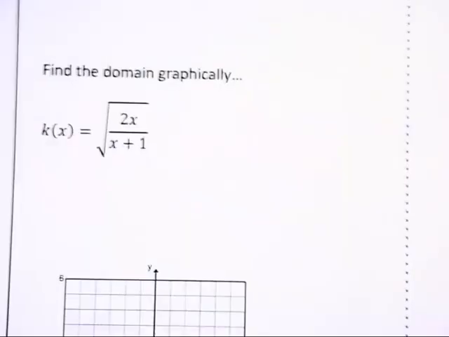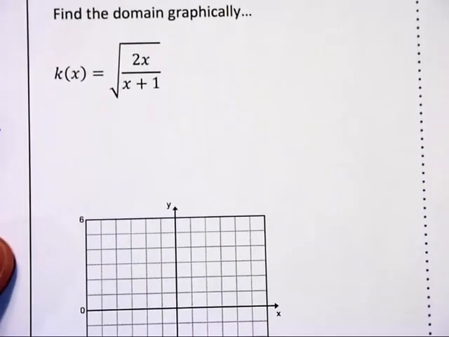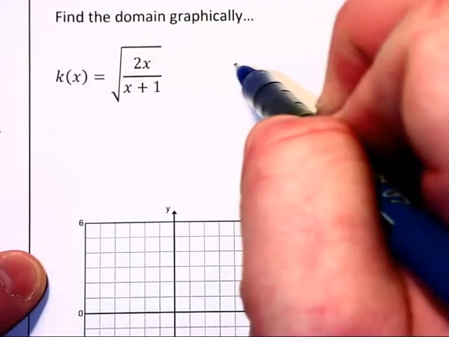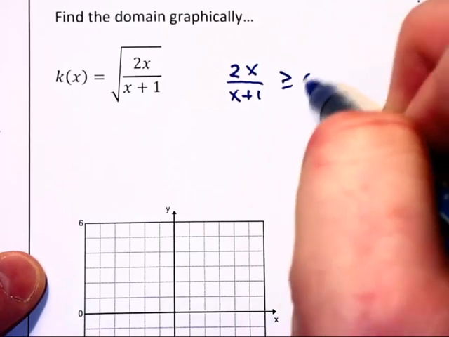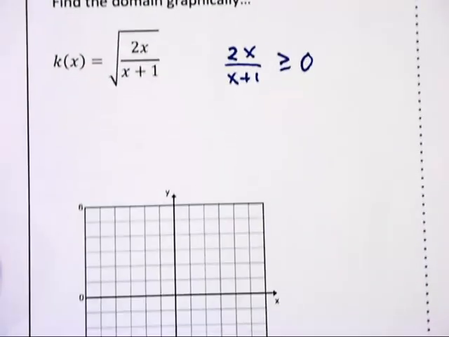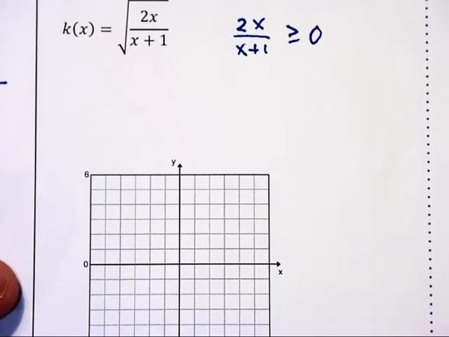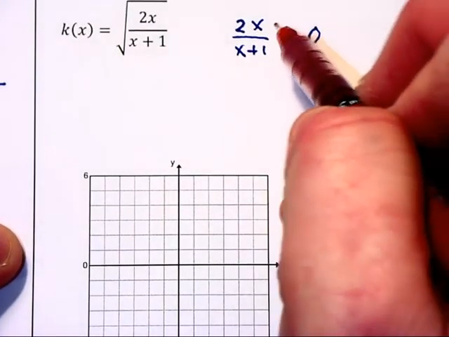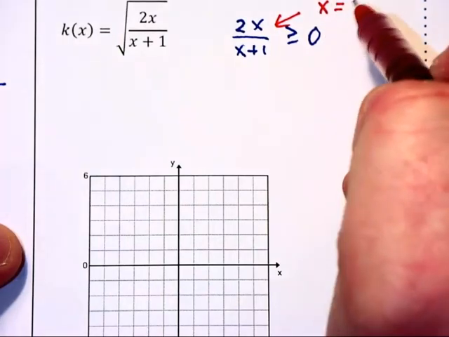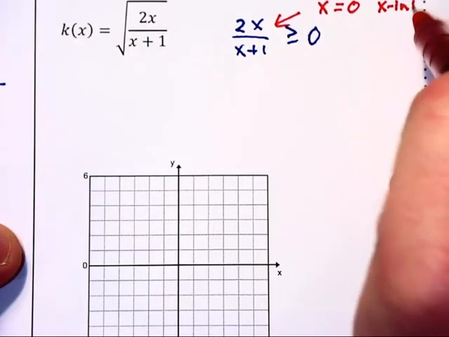We're going to still look at this, but we're going to try graphing. We're interested in where 2x over x plus 1 is greater than or equal to 0. And if we were to graph this 2x over x plus 1, it would be a rational function. We'd look at the numerator. We would see that at x equals 0, we're going to have an x-intercept.